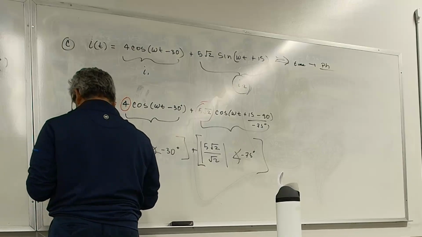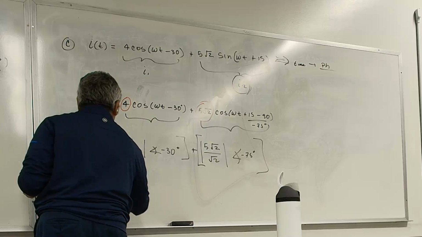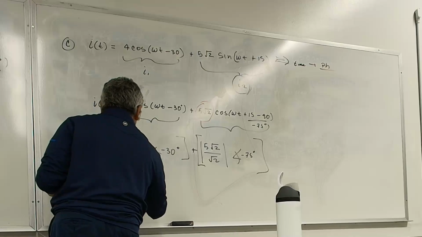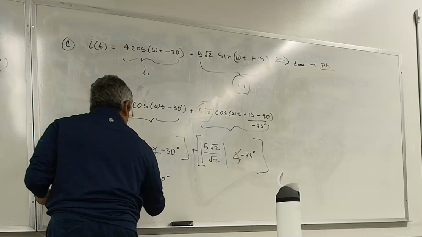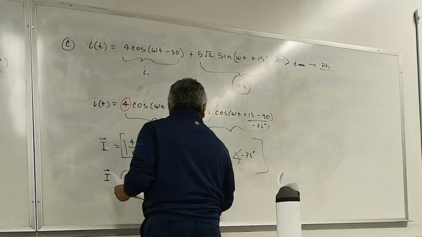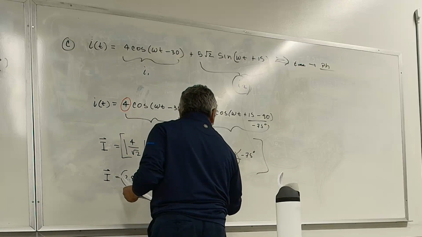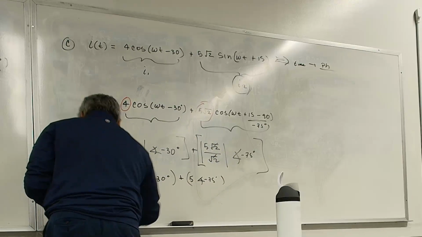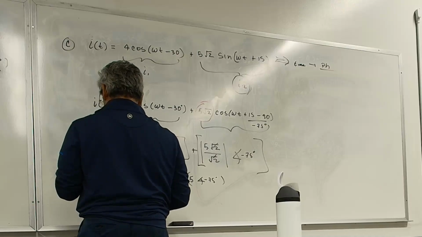I is equal to 2.83 angle of minus 30 degrees plus, this cancels, so that's 5 angle minus 75 degrees, and then you can add this in your calculator. And then you have I is equal to, what do we get?